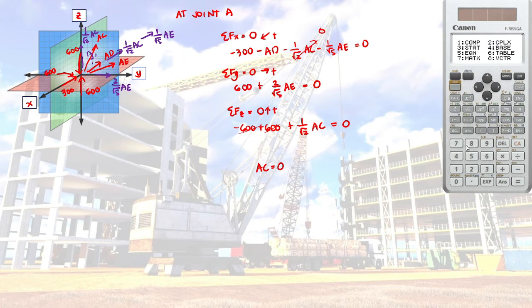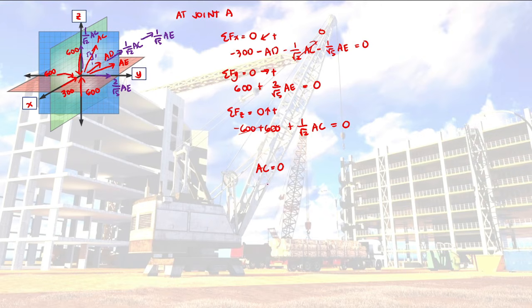So, this is also equal to 0. Okay, so our AD is also equal to 0. And our AE is negative 670.82 pounds.